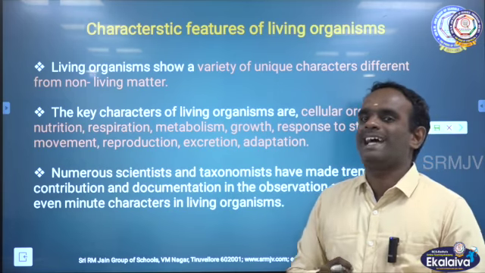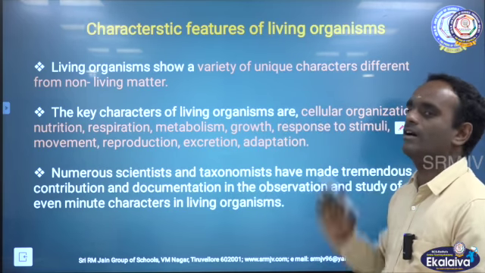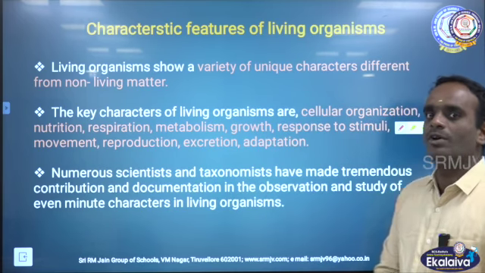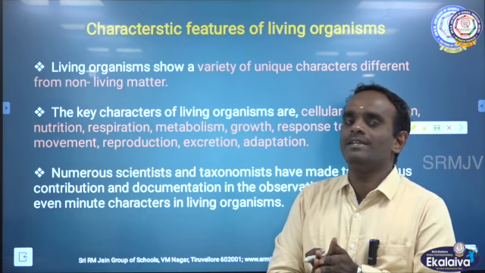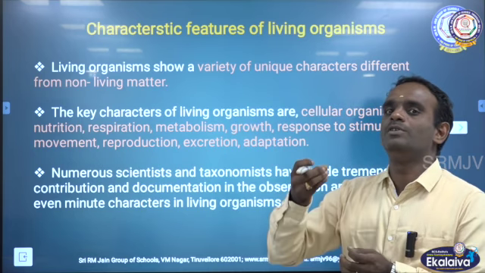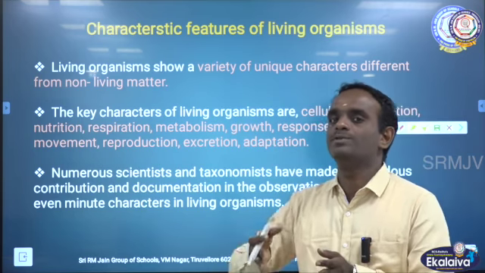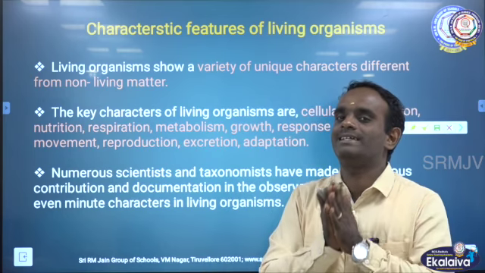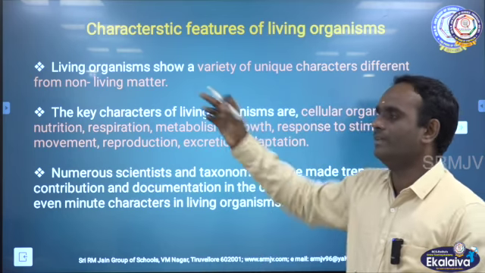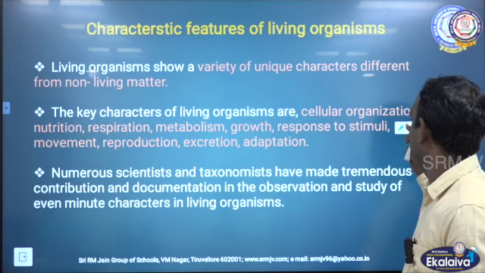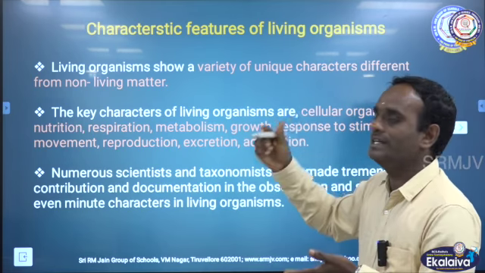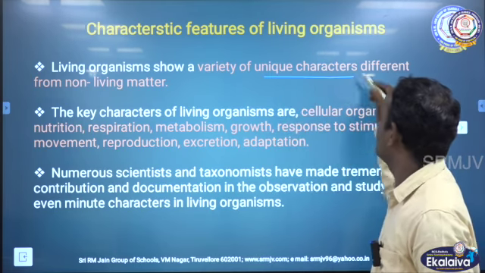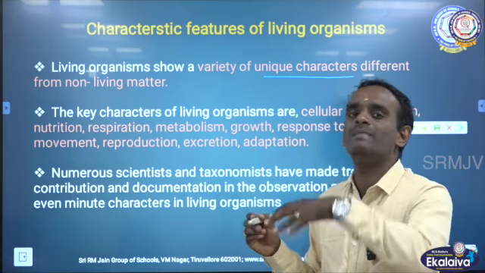Then we move on to characteristic features of living organisms. You know very well, no? Living organisms can respire, they can move, they can grow. These are some of the main characteristics, right? Living organisms show a wide variety of unique characteristics that differ from non-living matter.